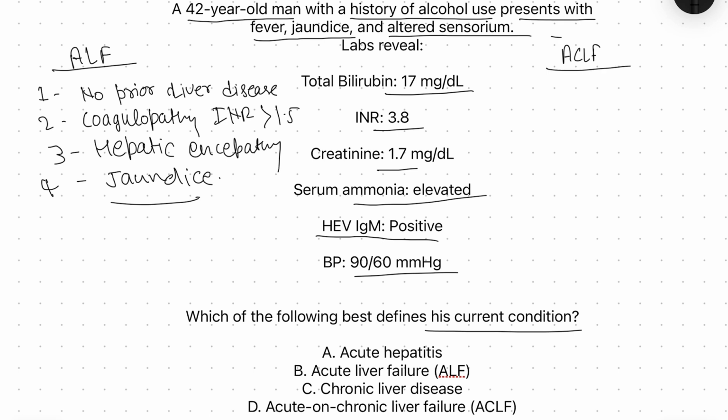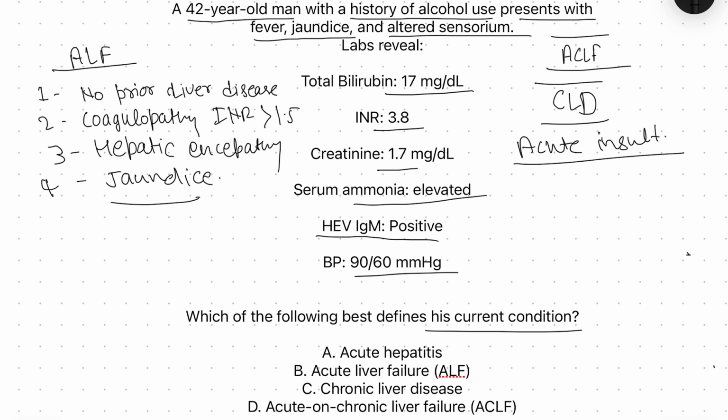What is acute on chronic liver failure? It means ACLF. In any system, acute on chronic means there is a precipitating factor and a pre-existing disease. Here the pre-existing disease is CLD, chronic liver disease. If any patient with chronic liver disease has an acute insult, it leads to the precipitation of the pre-existing disease.